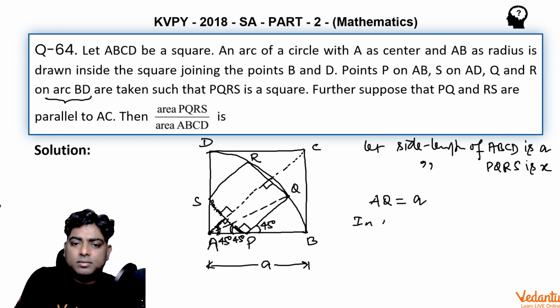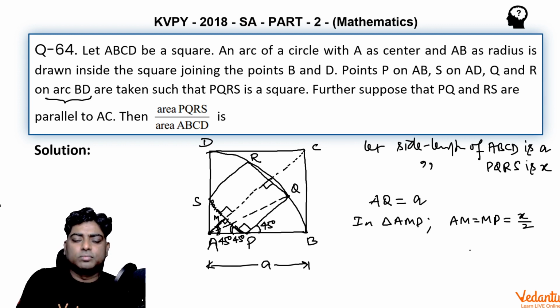In triangle AMP, suppose I am taking this point as M, AM is equal to MP, and that is equal to x by 2. M is the midpoint of SP. SP is x, one of the side lengths of the square PQRS.